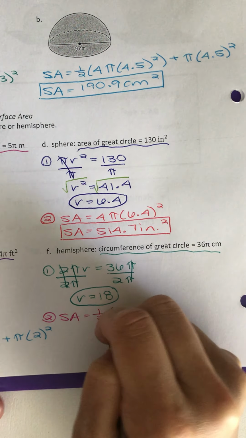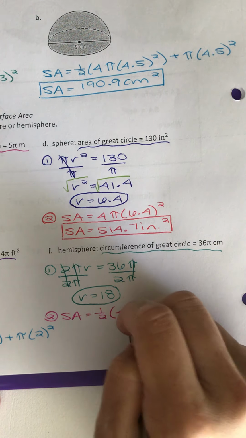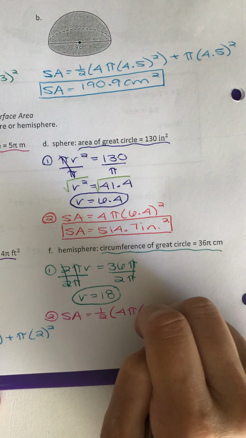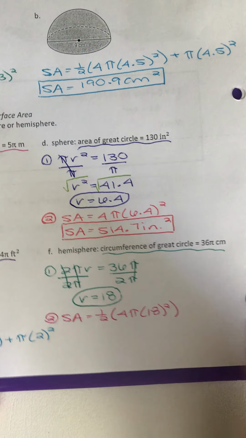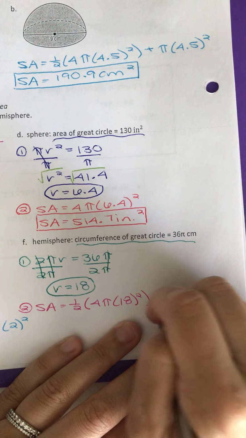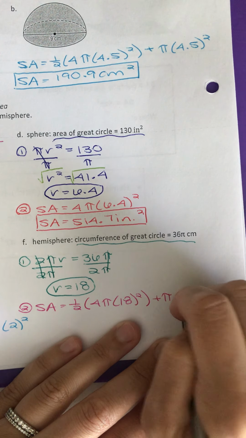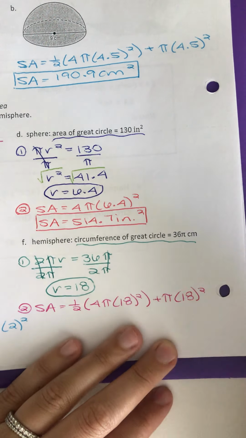So it's 1/2 4 pi 18 squared plus pi 18 squared.